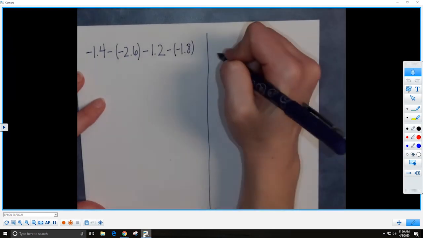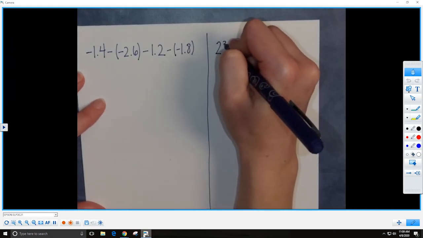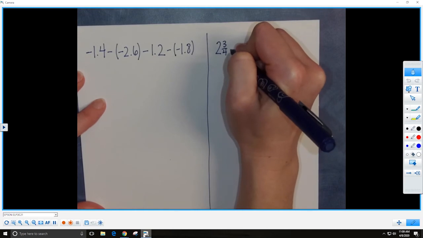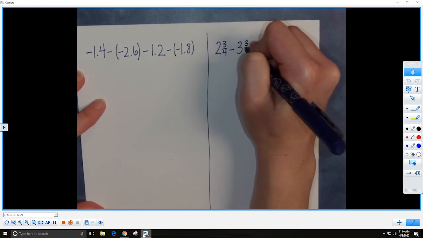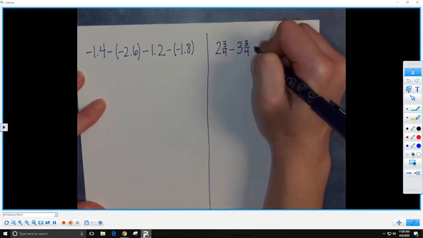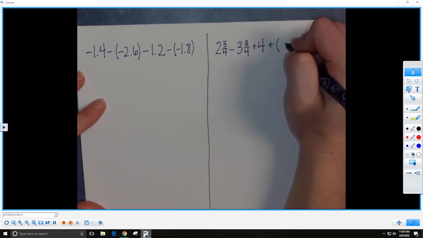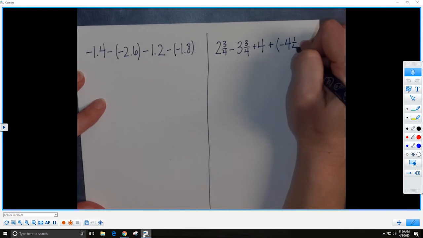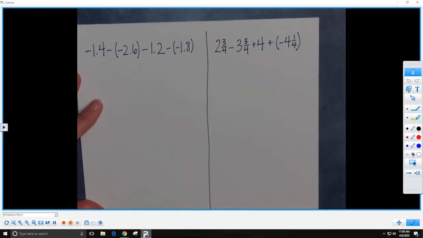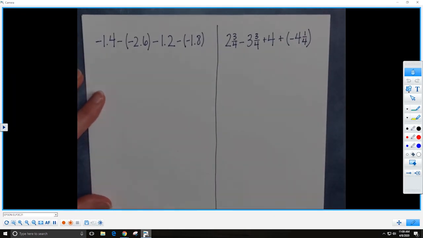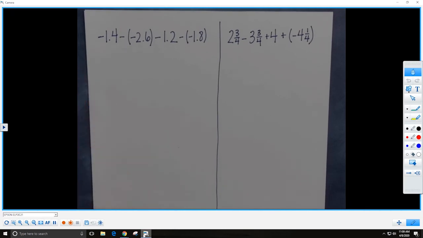Here's your second problem. 2 3/4 minus 3 3/4 plus 4 plus negative 4 1/4. Don't forget to think about whether your answers will be positive or negative and use the strategies that we've been discussing. I'm going to pause and give you time to work both problems.